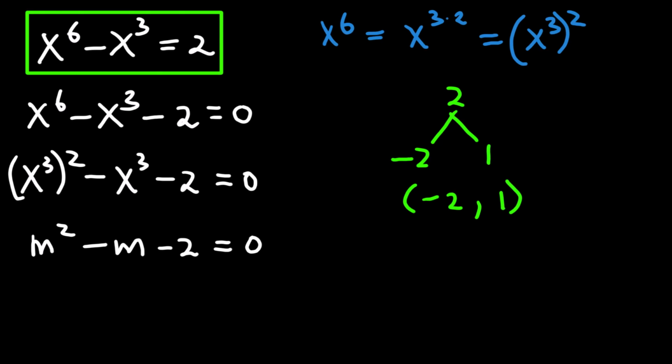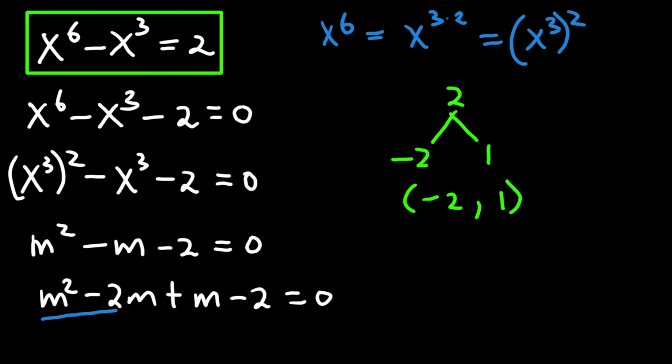So our equation will become m to the power of 2 minus 2m plus m minus 2 equaling 0. Now for the first part, you can see that m is a common factor, so let's pull it out. We shall have m into m minus 2, and then plus.